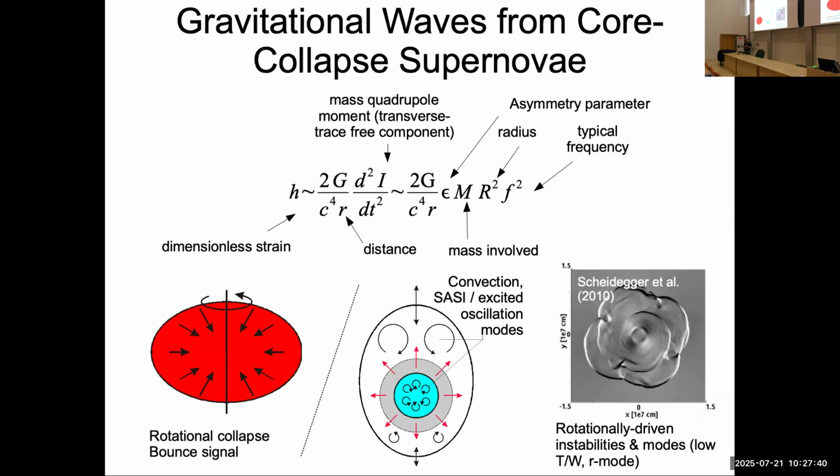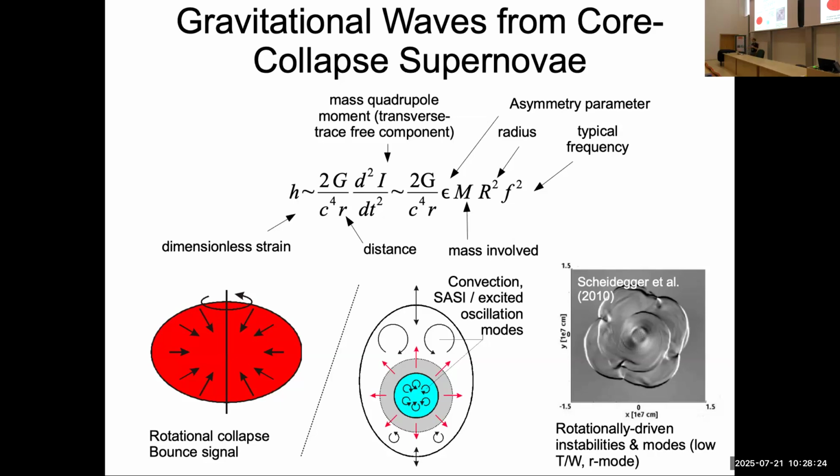Now, very broadly speaking, why do gravitational waves arise in core collapse supernovae? Well, the basic answer lies in the Einstein quadrupole formula. The Einstein quadrupole formula says you get a strain that is related to the second time derivative of the mass quadrupole moment. And if you have non-spherical flow, and I've told you about many examples of non-spherical flow in core collapse supernovae in the first half, then you will get that non-vanishing second derivative of the mass quadrupole moment.